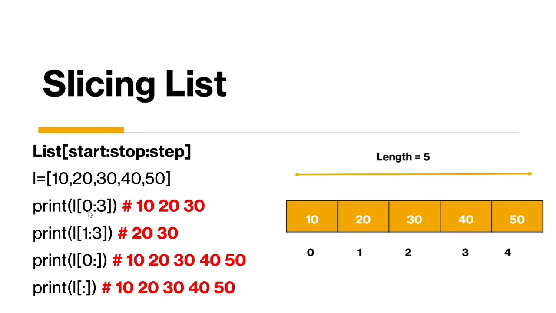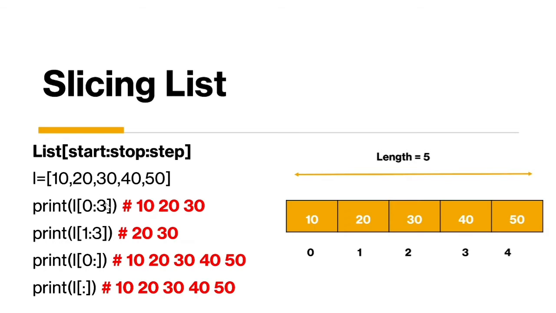So here I have taken 0 separated by colon. Remember that this third argument of step is optional. So 0 says start from 0th index, and the element at the 0th index is 10. So I got 10. The ending value is 3. One thing to be remembered over here is that the end value will work up to stop minus 1.